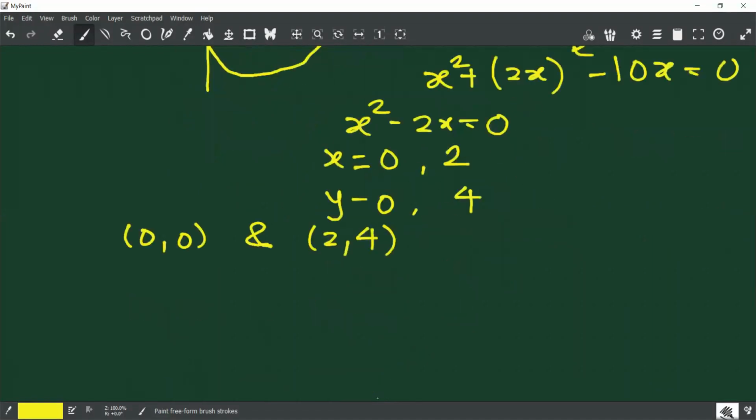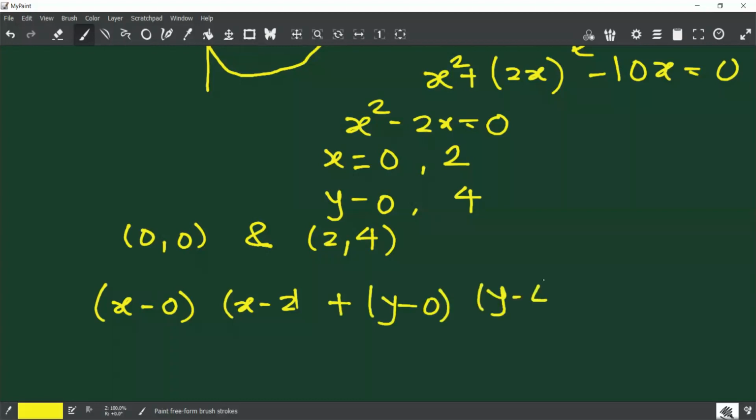So find the equation of the required circle. x minus x1 into x minus x2 plus y minus y1 into y minus y2 is equal to 0.